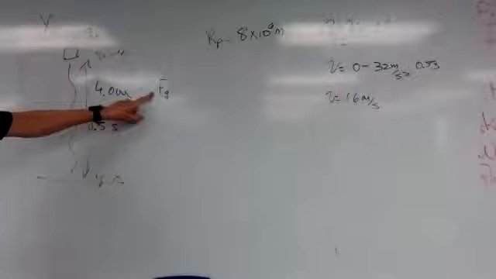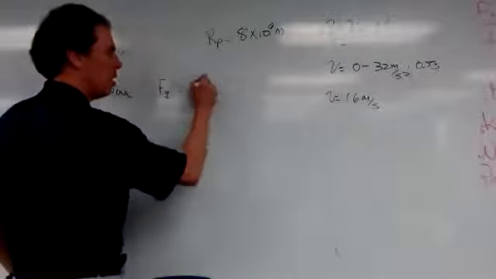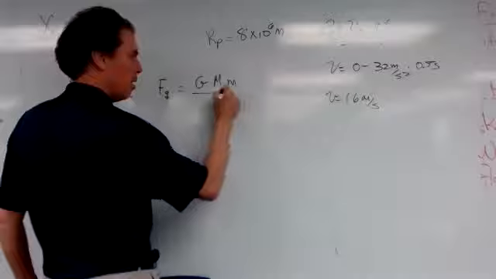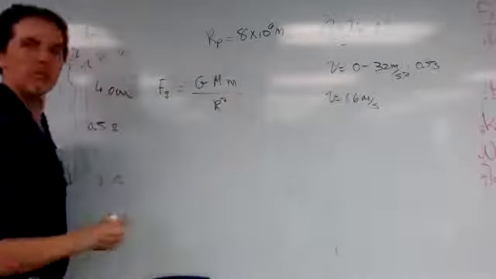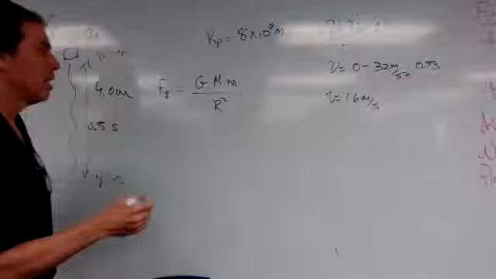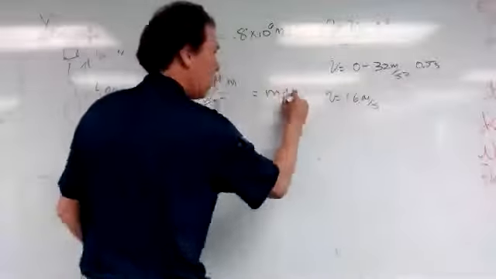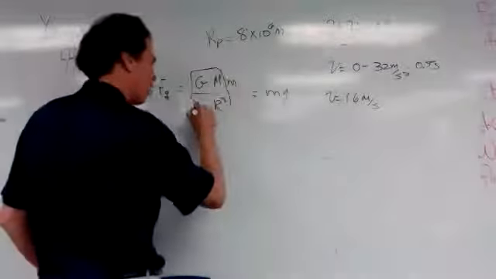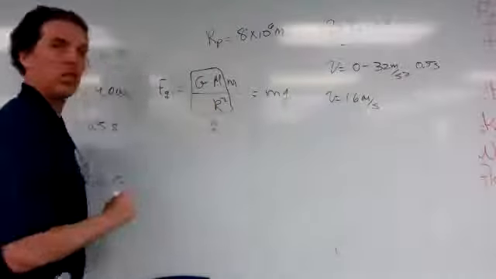What is it? Is it the G constant times mass 1 times mass 2 over r squared? Yes. Right? On the surface of the Earth, this is just mass times gravity. These two are the same thing. And so this piece here is g.